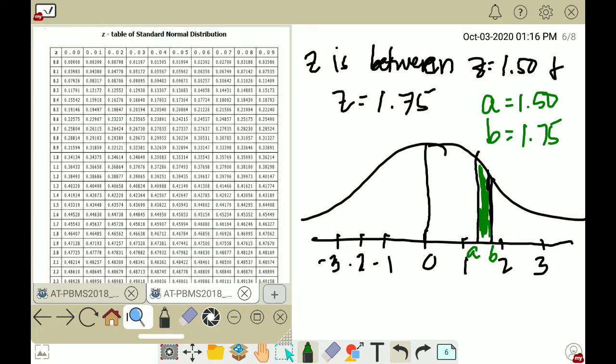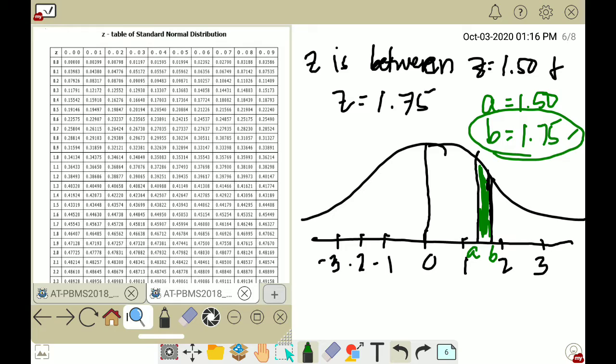In that case, how would you be able to find the area? Of course, whoever has the greater value, regardless if it is negative or positive. Between A and B, the greater value is 1.75. So we are going to make B as your basis to find the area between A and B. How will we do that?